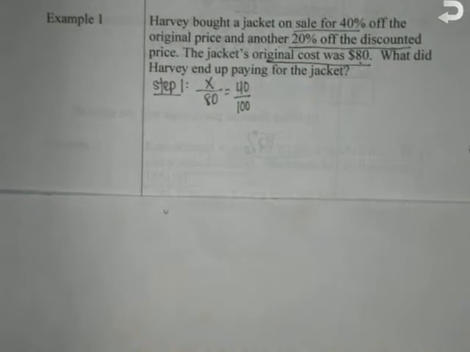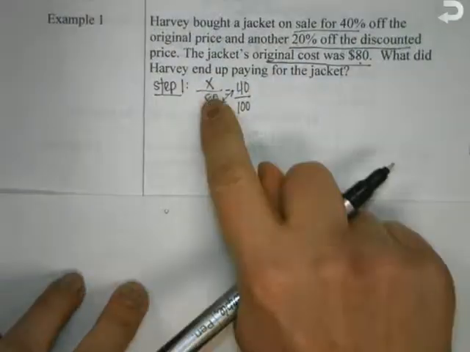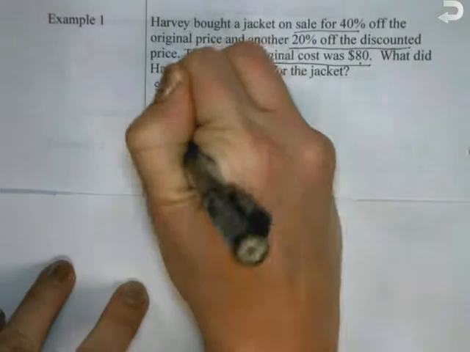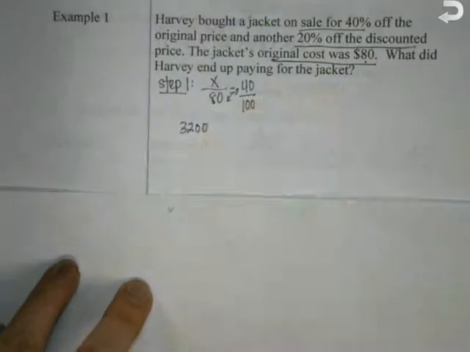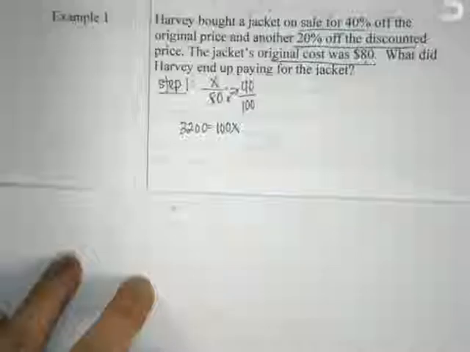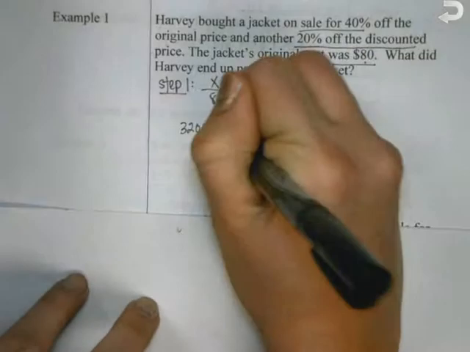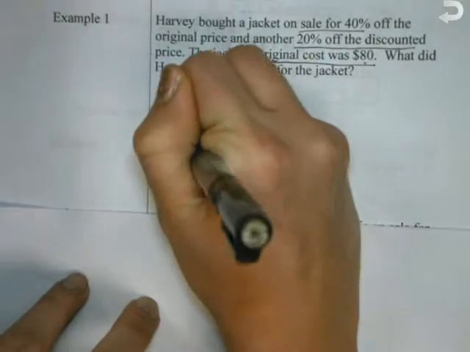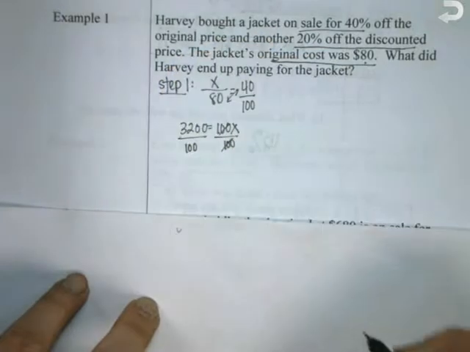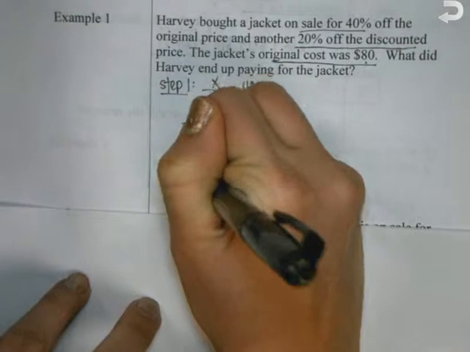I cross multiply. 80 times 40 gives me 3,200 equals 100x. Divide both sides by 100, which gives me x equals $32, right? So my percentage off is $32.